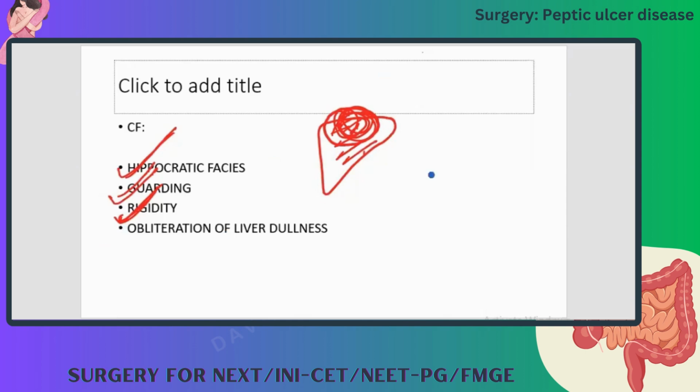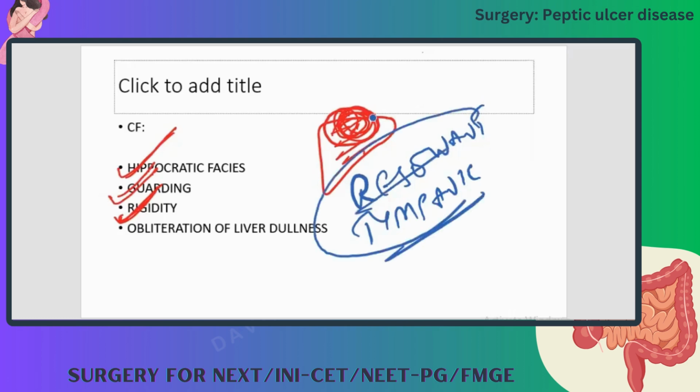If you percuss on a solid organ, you will have a dull note. If you percuss on air, you will have a resonant note. In the chest we call it a resonant note. In the abdomen, this note has a different name. It is the tympanic note.